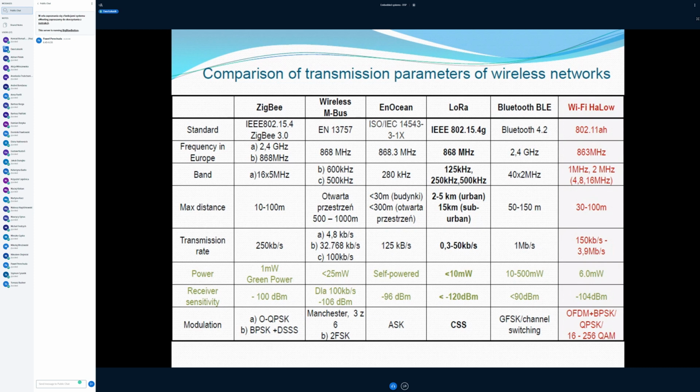It depends if it is power or energy or amplitude. If it is amplitude, you multiply by 20, and if it is power or energy, you multiply it by 10. And you can see here dBm.